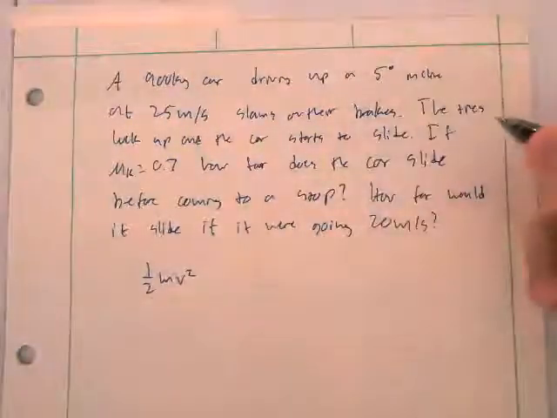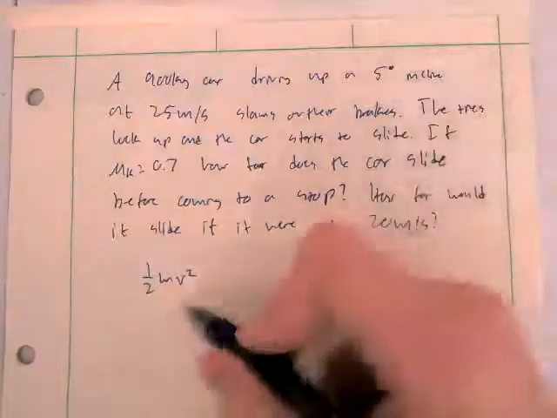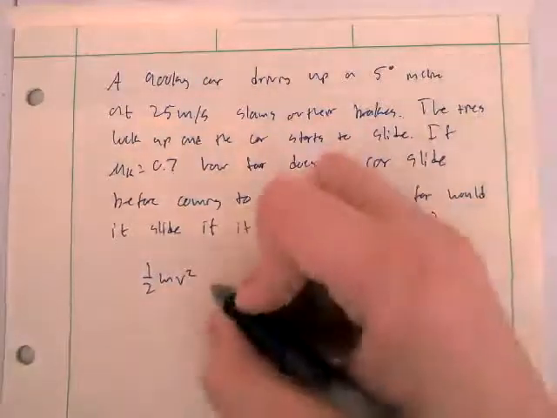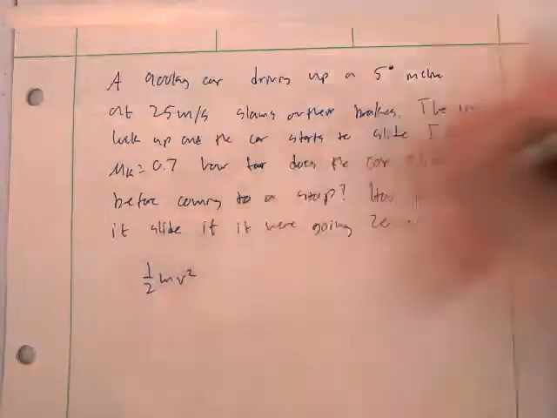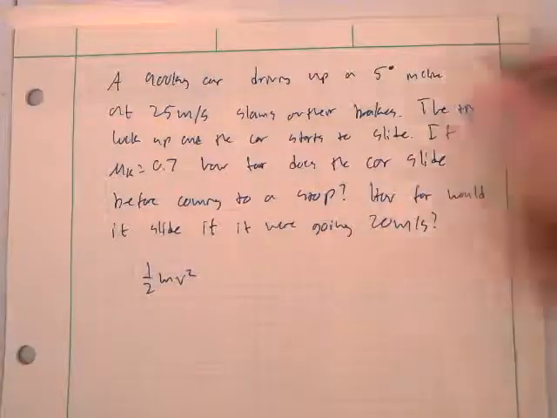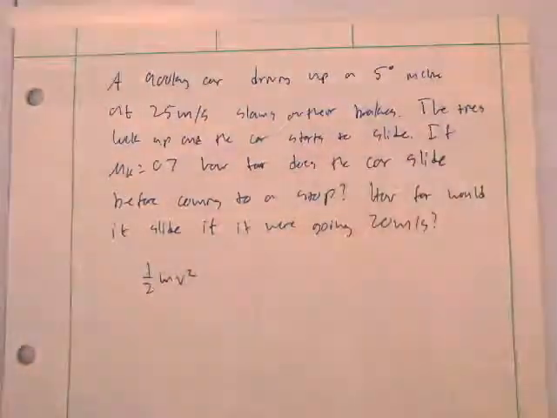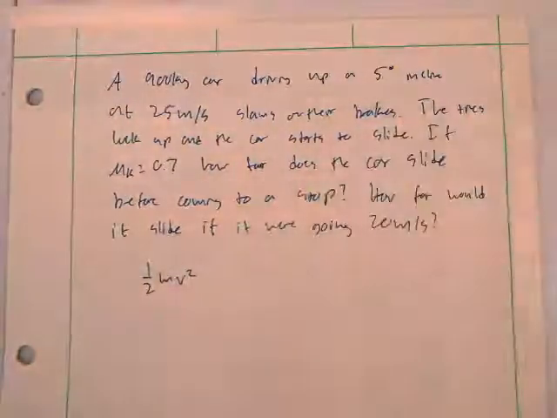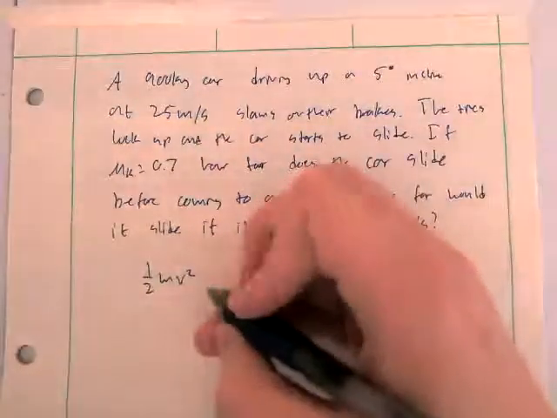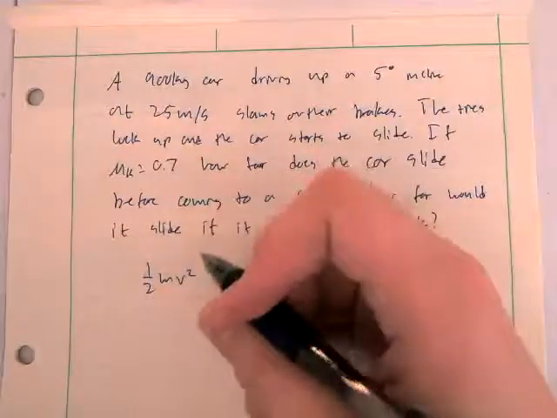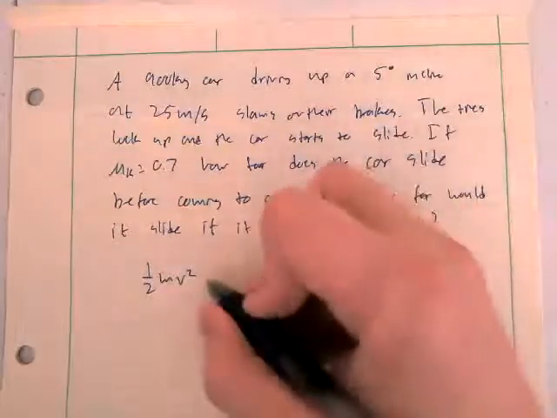We are going up an incline, so we'll end with some potential energy, but we may as well say that we start with 0 potential energy. Again, where you define 0 potential energy, that's your choice. Just make sure you're consistent with it. I'm just going to say that the car starts at 0 and ends up with some. If you want to say it starts at negative and ends up, that's okay. It makes it a little bit trickier to write the equation, but I think this makes the most sense to me. So this is what I go with.